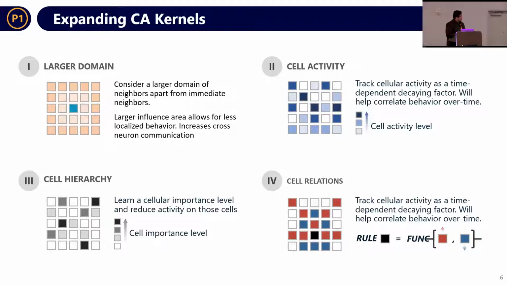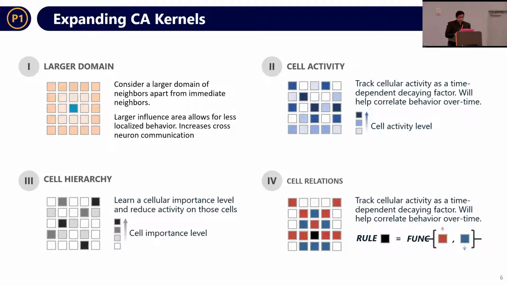The second one is the cell activity. This basically tracks how active a cell was over a period of time and how it will affect its neighbors. And you can have a multi-valued cell level keeping track. It's like a history. There's also the cell hierarchy, where every cell will have a hierarchical position, where some cells might be more important than other cells.